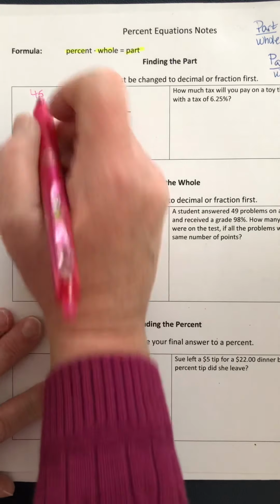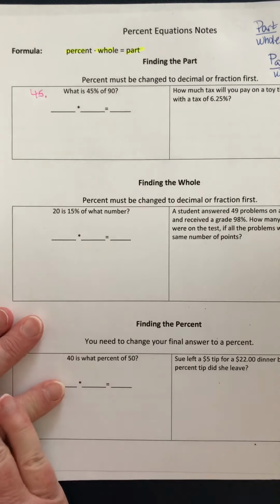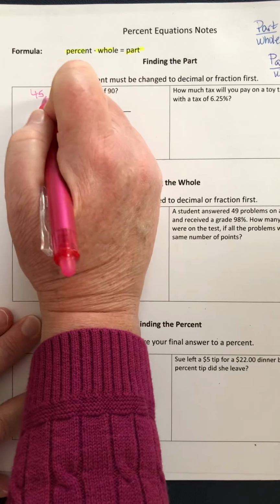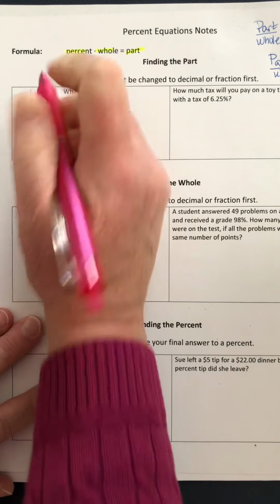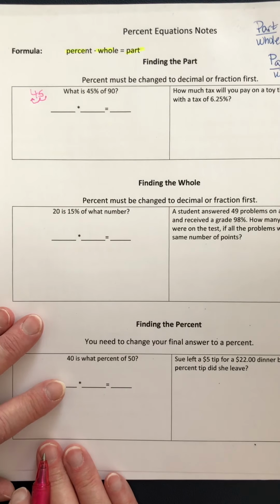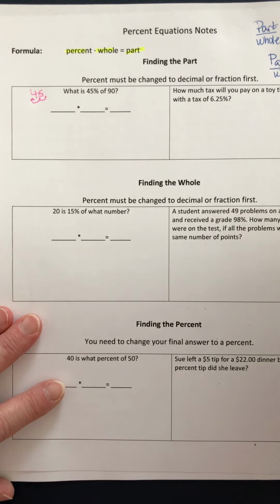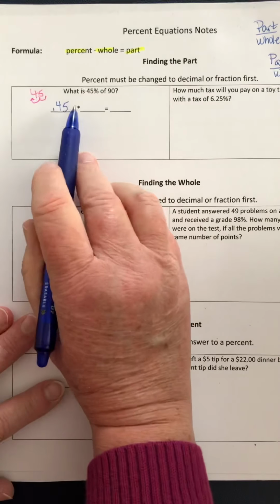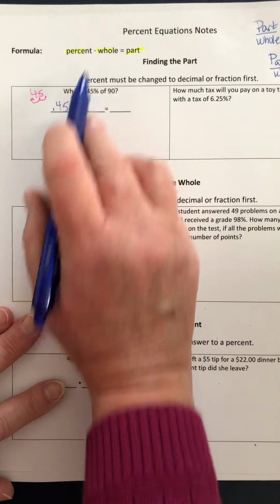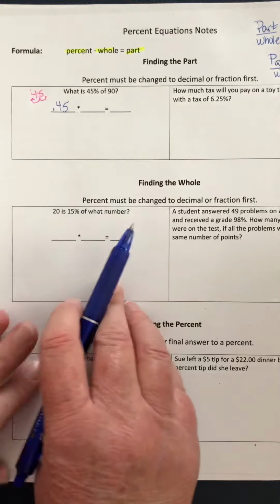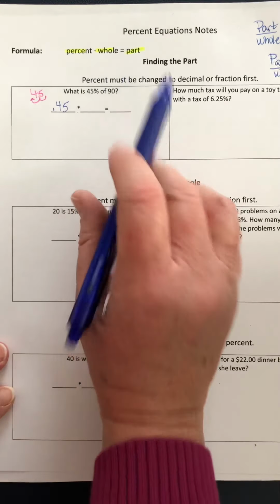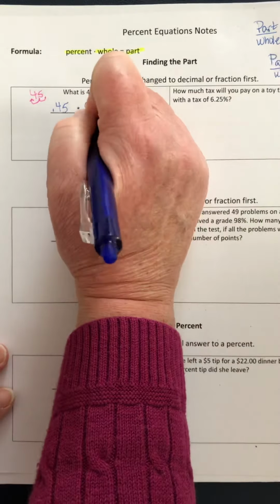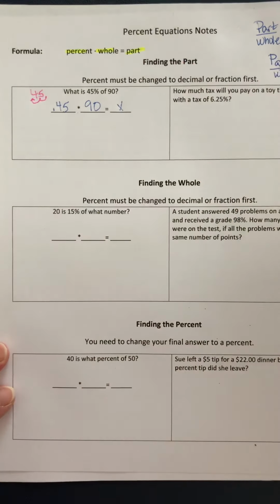So my 45, then I divide it by 100, which is the same as swooping right two places for the two zeros in the 100. So I have changed it to my decimal, so I know 0.45 times my whole, which is 90, equals my part. And I don't know what my part is, so that's my x.